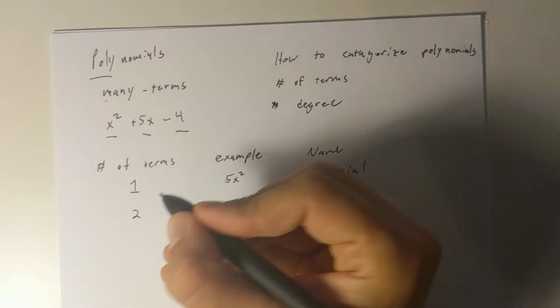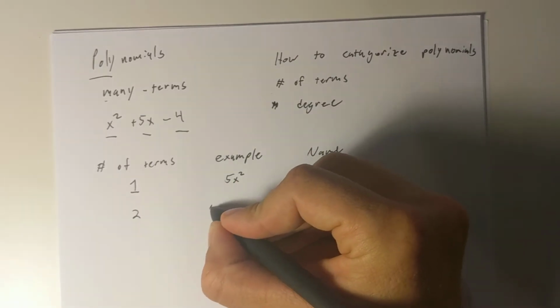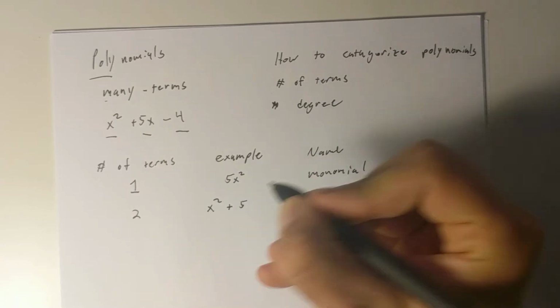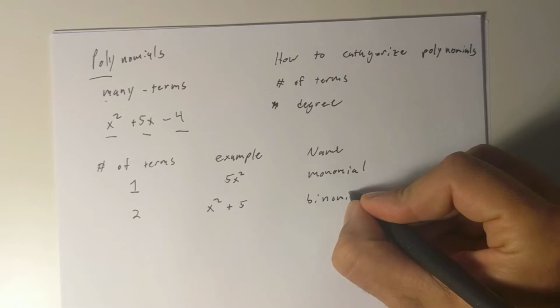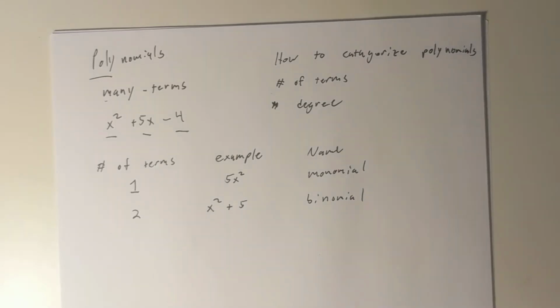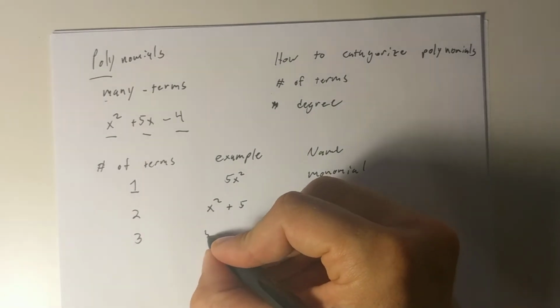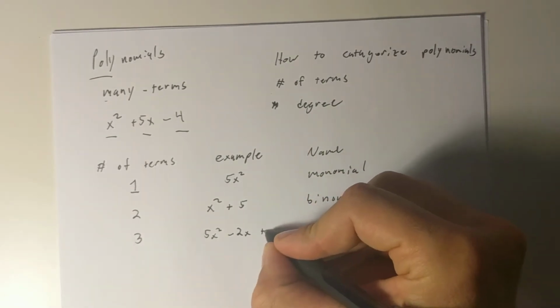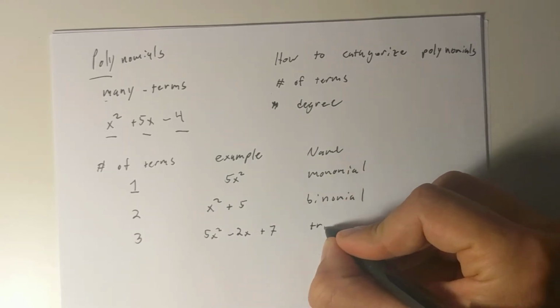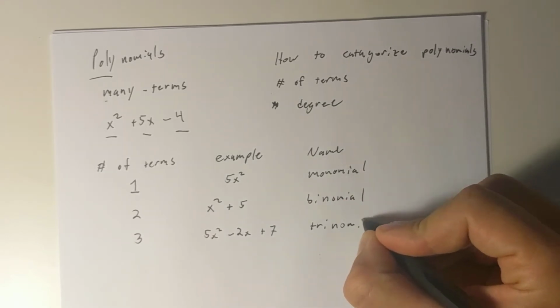What if you have 2 terms? An example would be x squared plus 5. That is a binomial. The last one, 3 terms, 5x squared minus 2x plus 7, is called a trinomial.